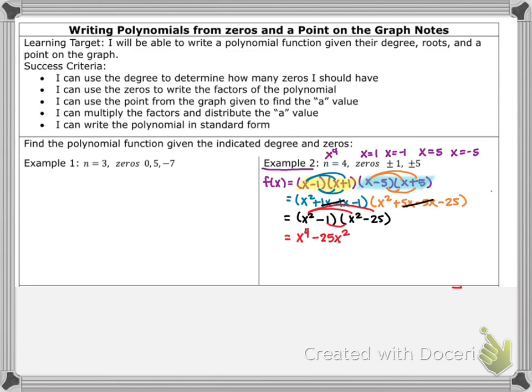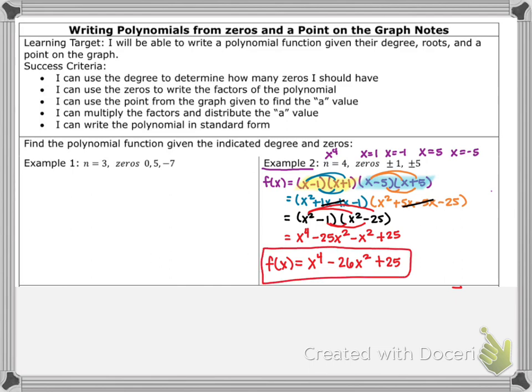Negative 1 times x squared is negative x squared. Negative 1 times a negative 25, positive 25. So let's write our final answer, x to the 4th. Negative 25x squared minus x squared is going to give me negative 26x squared, and then that positive 25. And then this is my final product written in standard form.